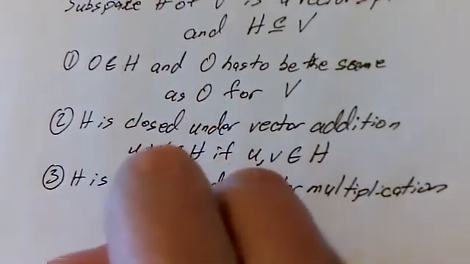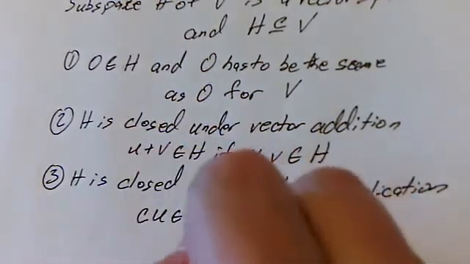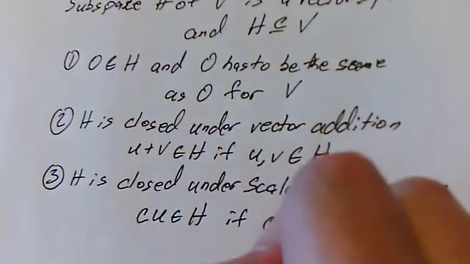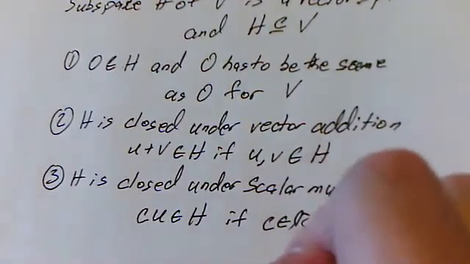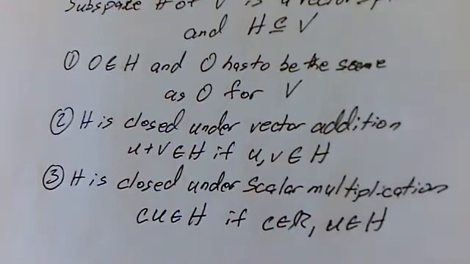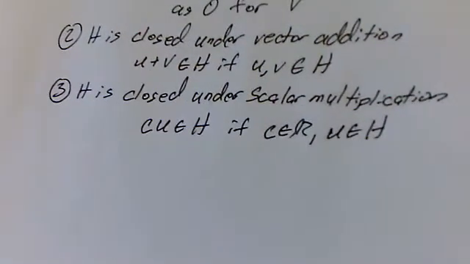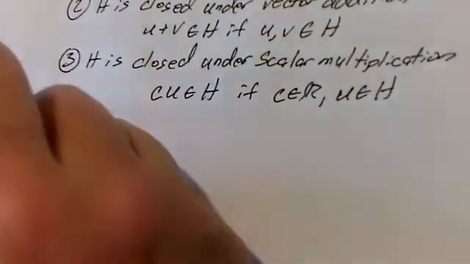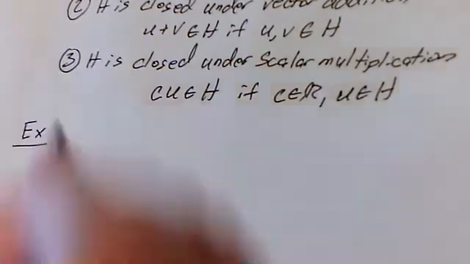So CU is in H if C is a real and U is in H. Many times if I multiply by a negative, that may throw me out of my space. That's the most common thing beyond the 0 vector that gets us. So let's look at some examples.